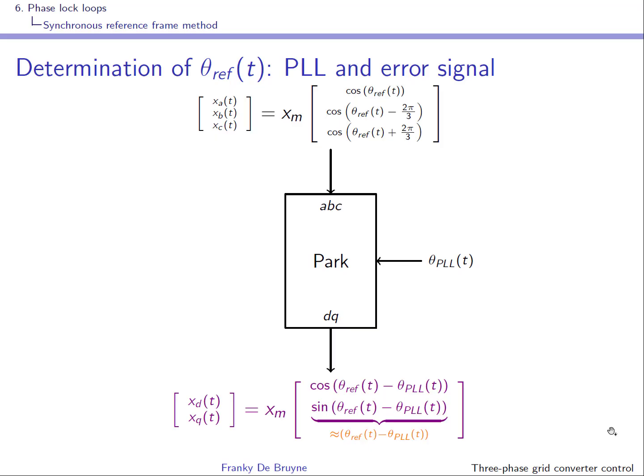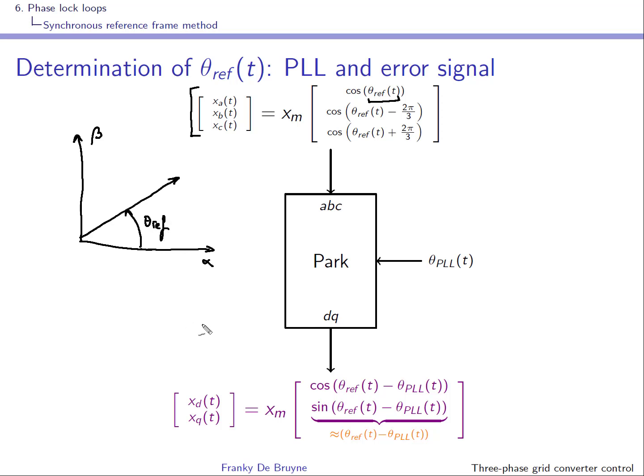Suppose this is our reference signal over here, and it's characterized by the reference angle theta ref that we want to track. So I'll draw my alpha beta here. And I have my reference signal that I want to track, and it's characterized by this angle theta ref.